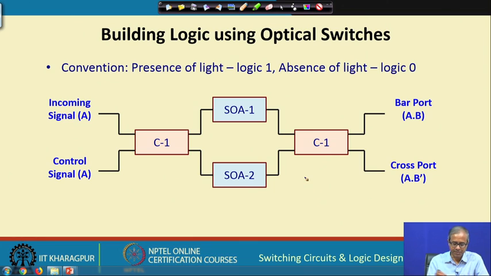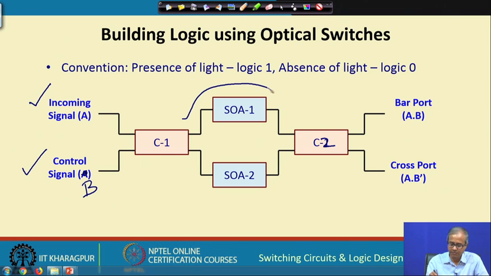This is my interferometer, this is my incoming signal and this is the control signal. Let us call them A and B. Here I have a coupler or a beam splitter and here I have another coupler, this is C2. And these are the two different paths.